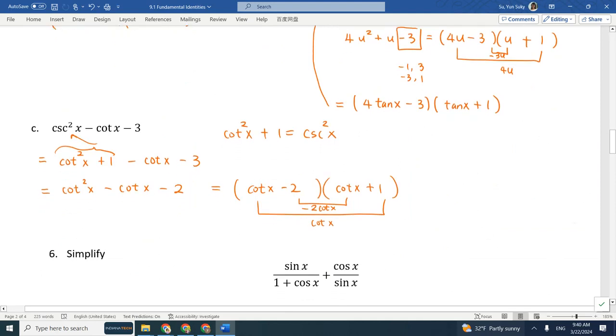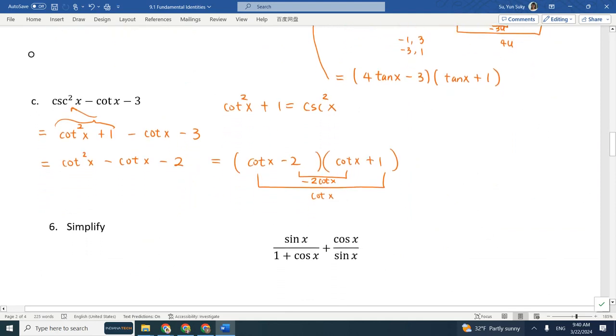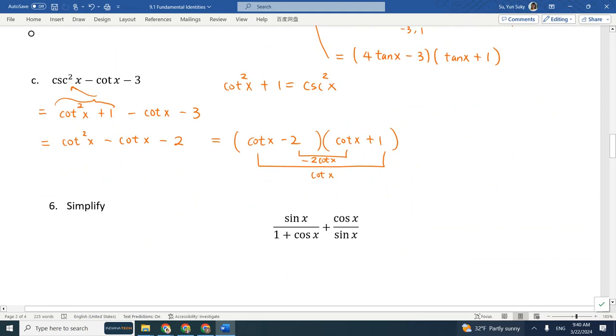All right. Continue. Number 6, simplify. So we want to simplify this expression. Again, what does simplify mean? If you have two fractions, you want to combine them into a single fraction. So here it means combine into a single fraction.